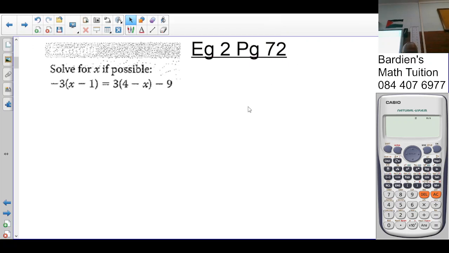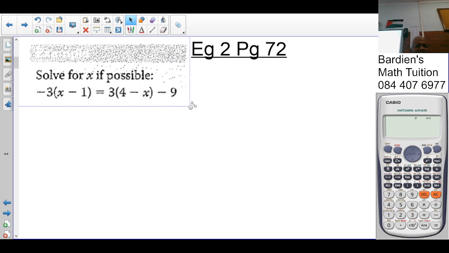Example 2, page 72. We are told to solve for x if possible. So what do we do first? Multiply out, get rid of the brackets.